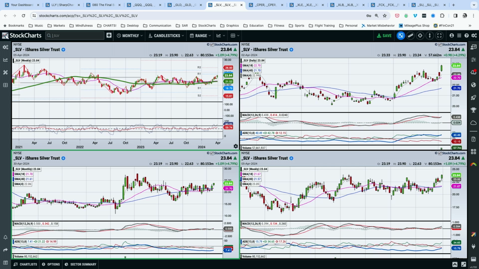Today, I would say we're finally getting that confirmation in silver. There's a low ADX condition on the monthly and on the weekly, which has been doing nothing, but look at the ADX on the daily chart starting to really kick in over the last month. It's breaking above 25, showing a lot of strength in this move, and today we're breaking out above some pretty good resistance. So I'm pretty encouraged by that. This is very interesting. It's almost the opposite of what we saw with the QQQ, right?